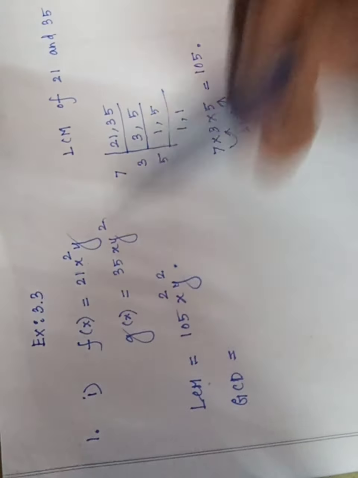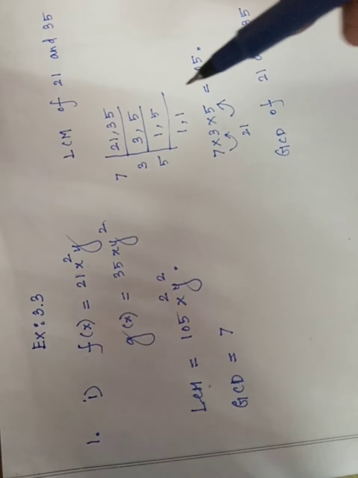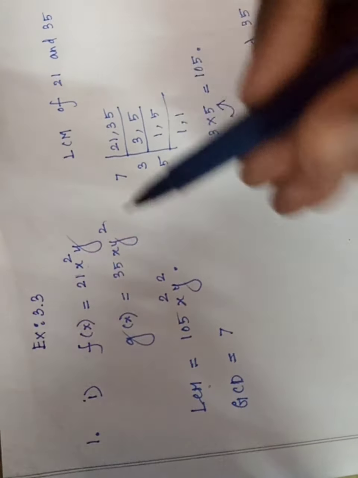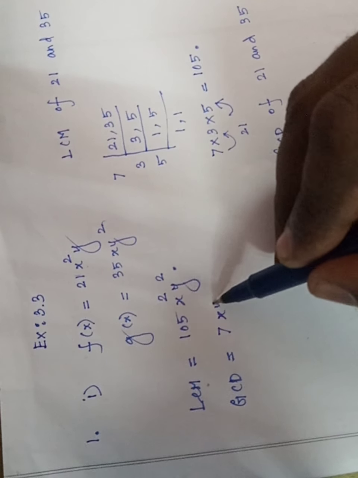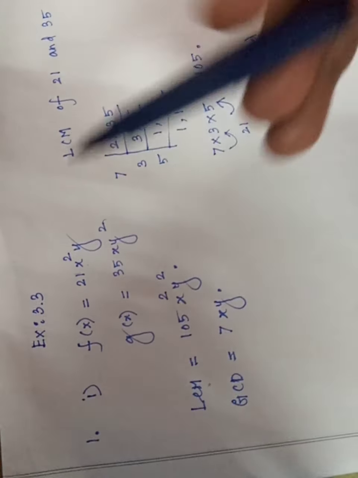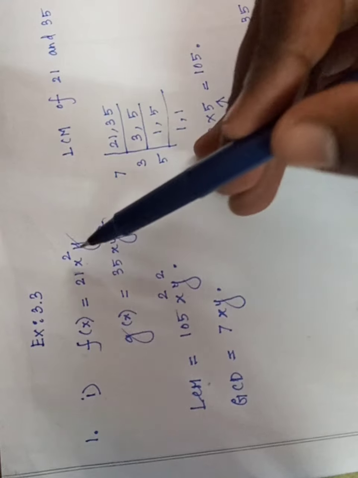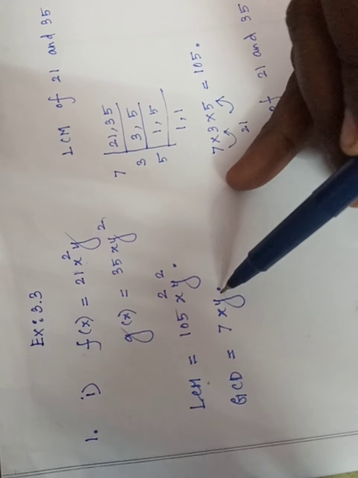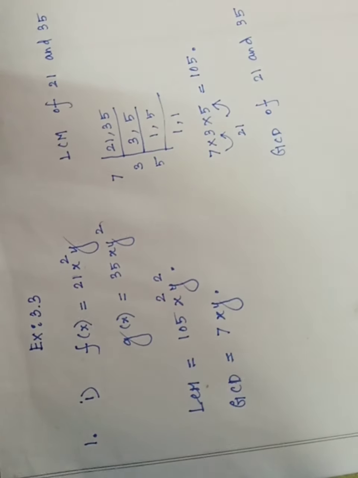GCD of 21 and 35 is 7. If GCD is asked, we write the common factor with the least power. Common factor is xy. The least power of x is 1 and least power of y is 1. Therefore 7xy is the GCD.